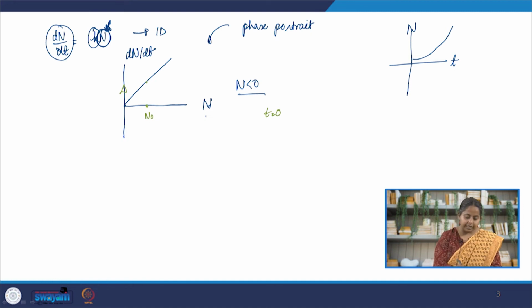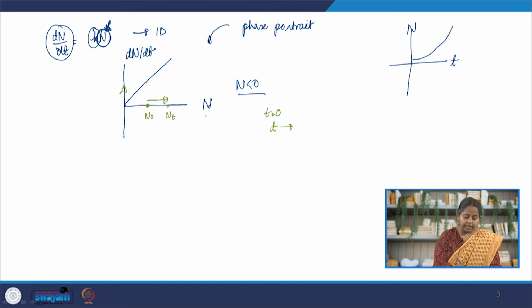If the bacterial population is here at time t equal to 0, as time progresses it is going to move in the right direction. At time t we will be somewhere here. Where exactly, we do not know. This is not a quantitative approach, but we know that as time progresses, the number of bacteria will increase.